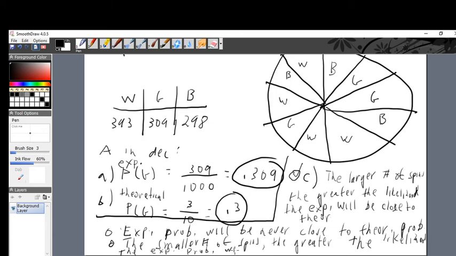That's patently false. So that's what you don't choose. The first statement is the one that you do choose. Okay, that problem is done.